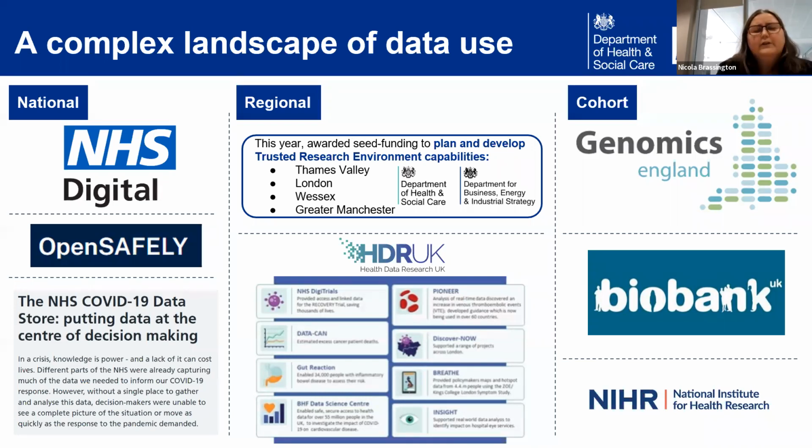The reason we wanted to touch upon this is to show what we don't have at the moment, which is a national framework for the standards we're expecting for trusted research environments. And as you can see from the slide, we've already got quite a complex landscape. So what we're looking to do is to bring standardization for how those secure data environments as a whole work, and to talk about interoperability as well, which is going to be a really key feature when we have the ecosystem up and running. Next slide, please.